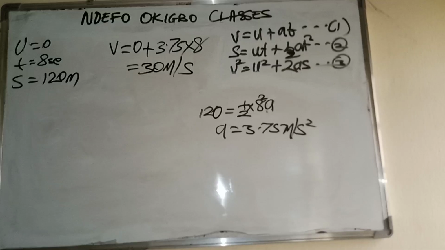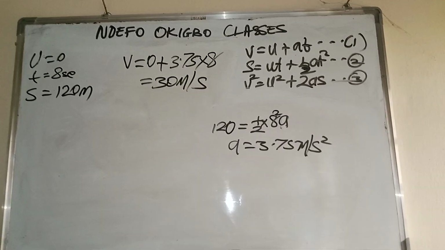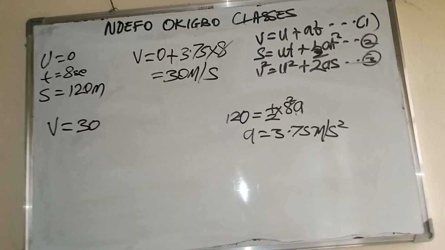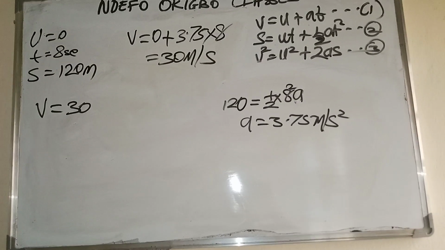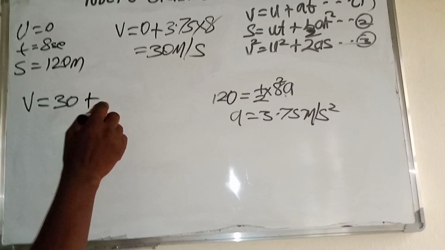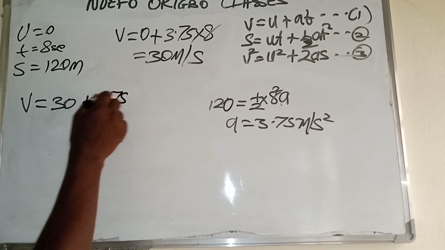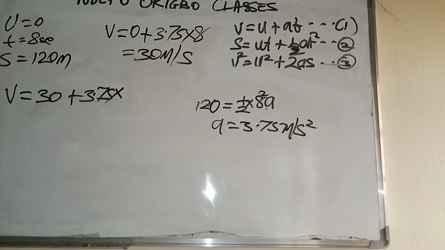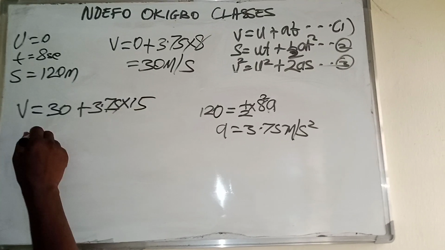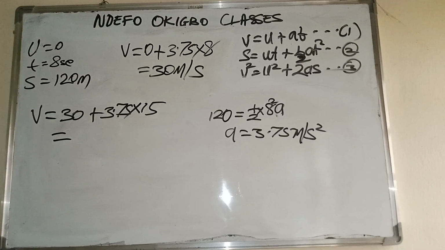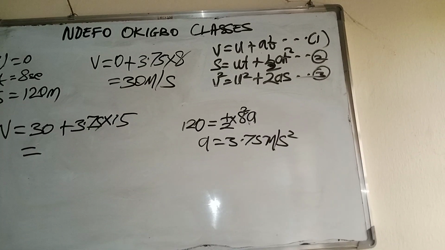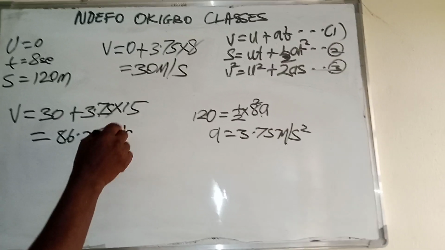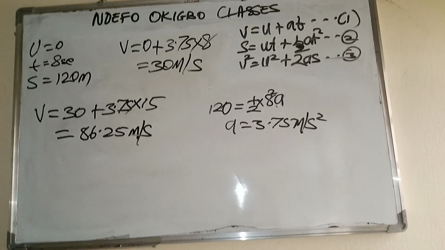So I can still use the first equation: final velocity is equal to the initial velocity plus acceleration, 3.75, times time, 15 seconds. Then I got it to be 86.25 meters per second. That's the final velocity made.